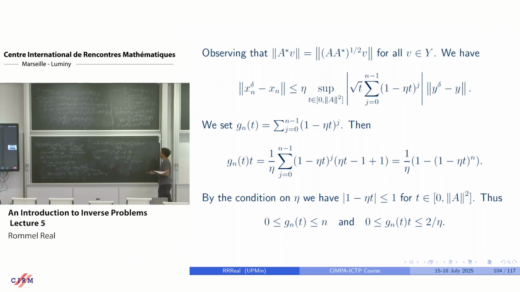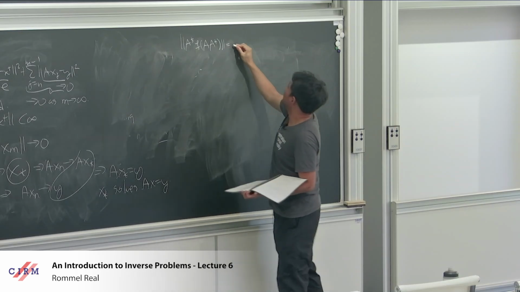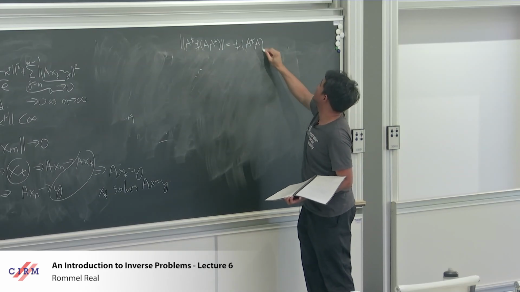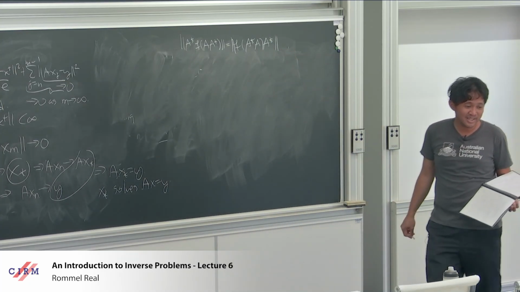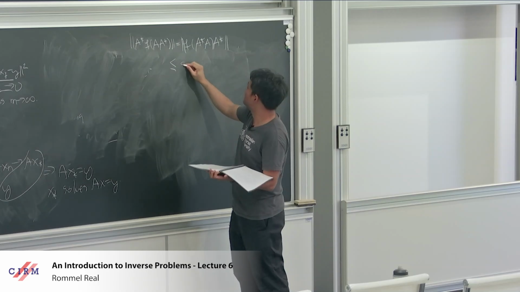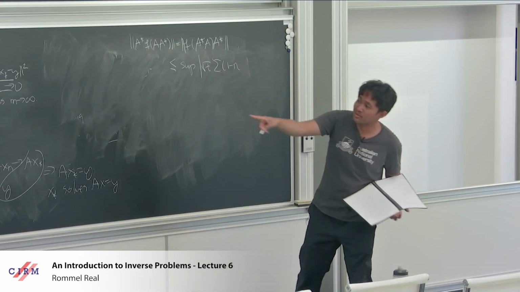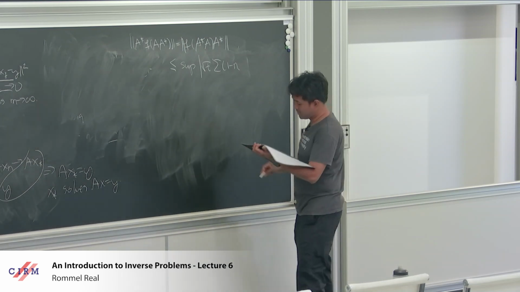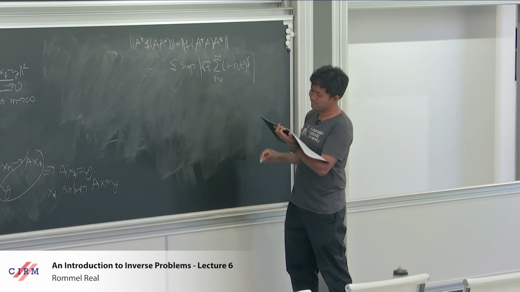Again, if I write that one, that's f of A star A. And by using that fact from spectral calculus, you can read that in the book by Heinz Engel, as I've mentioned earlier, this is bounded above by the supremum of square root of t times the summation of (1 minus eta t) raised to j, from j equals 0 to n minus 1. Okay?